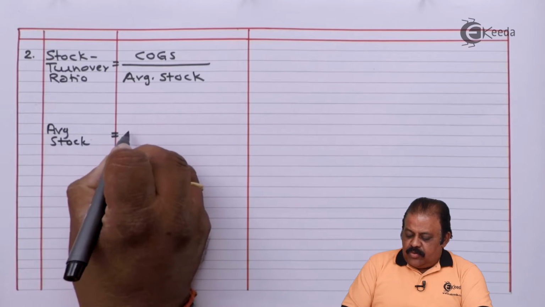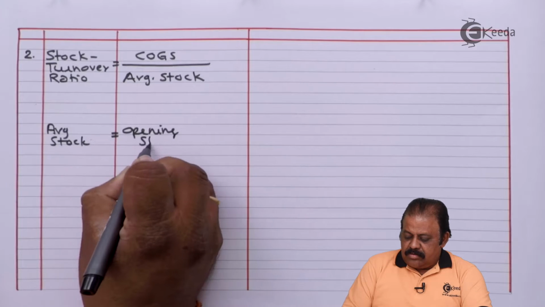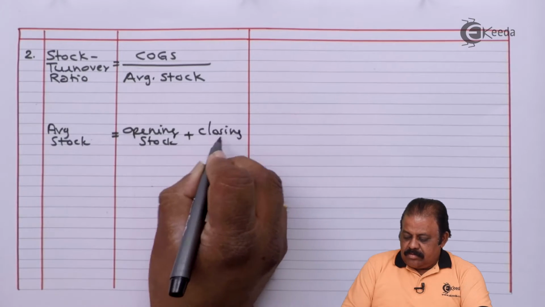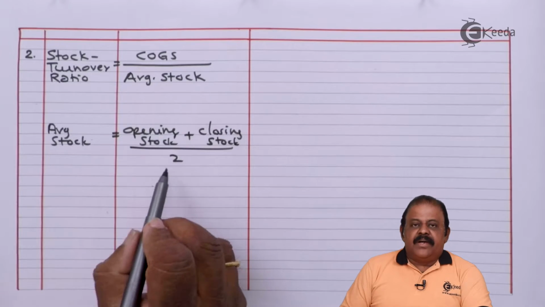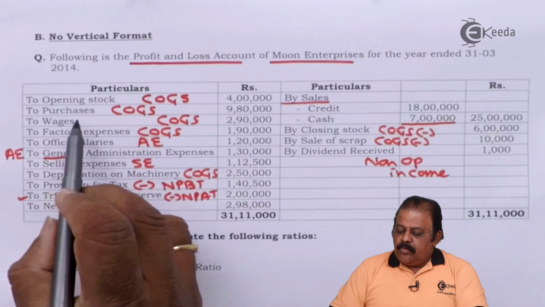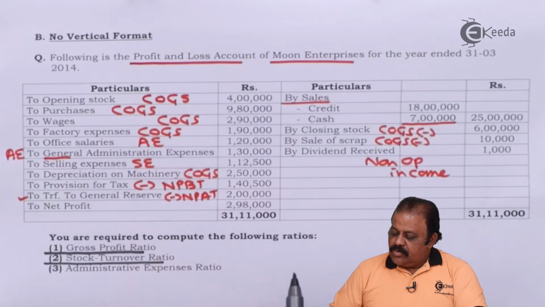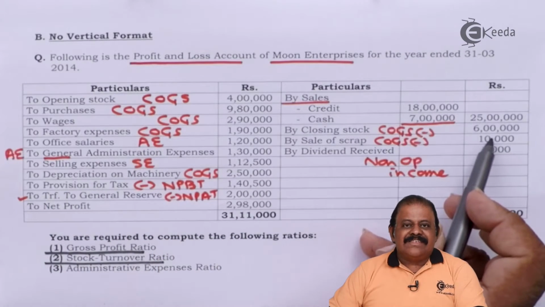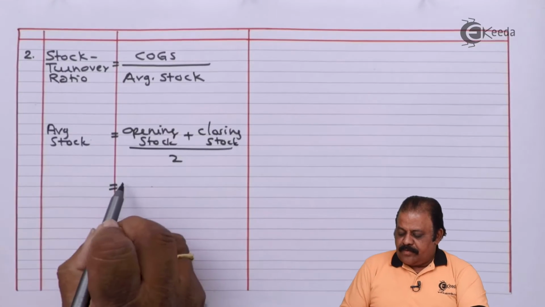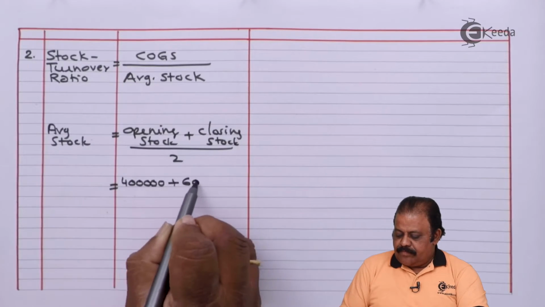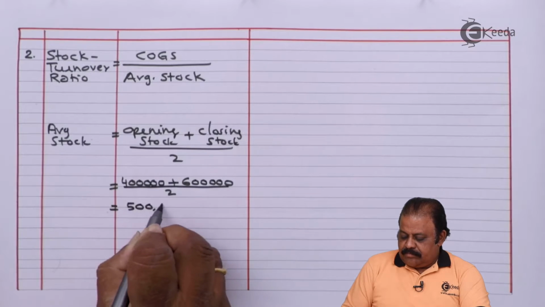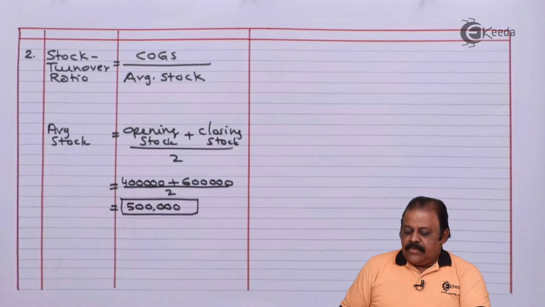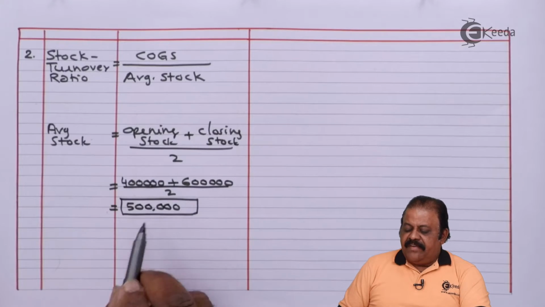Average stock is equal to opening stock plus closing stock divided by 2. Opening stock we have 4 lakhs. Closing stock we have 6 lakhs. Four lakh plus 6 lakh divided by 2. So average stock we have 5 lakhs.